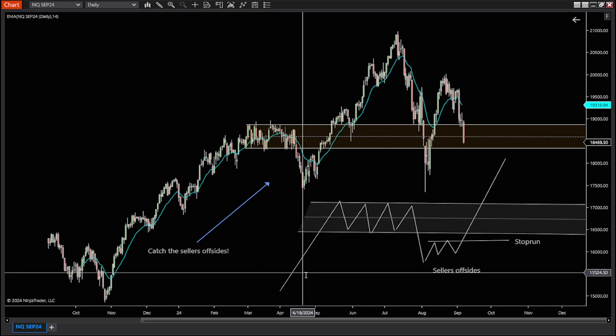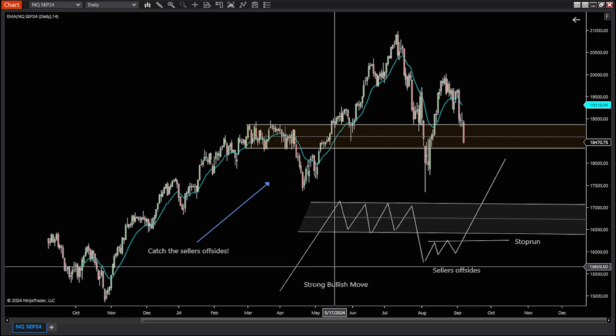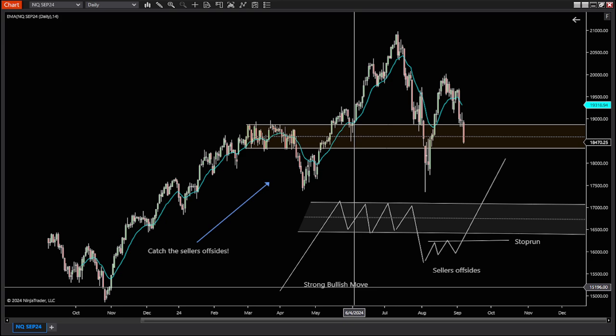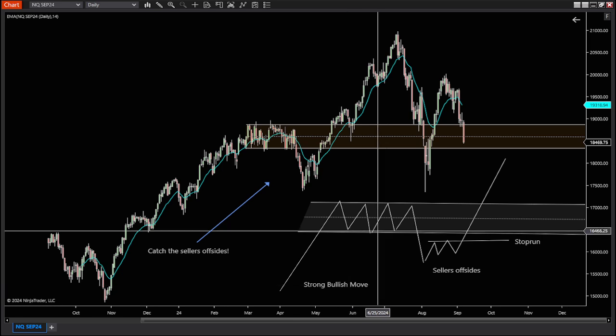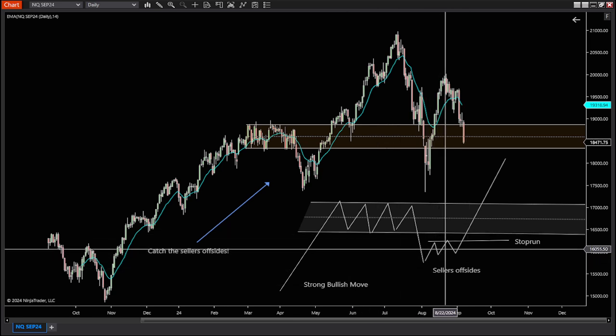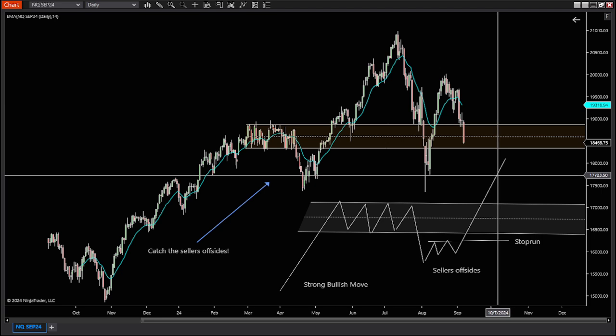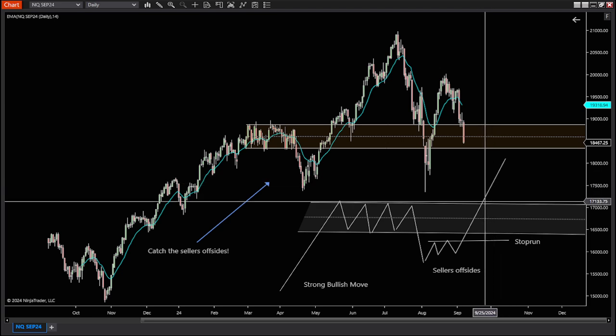And here's our strong bullish move. This is what we're going to look for on this chart. So we're going to look for that strong bullish move, range, a break below, catching those sellers offsides, and then we're going to run their stop losses up to get that momentum higher, right?